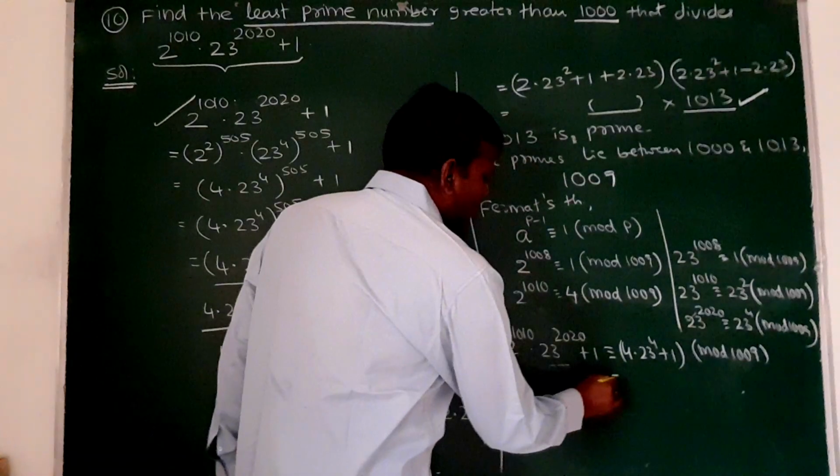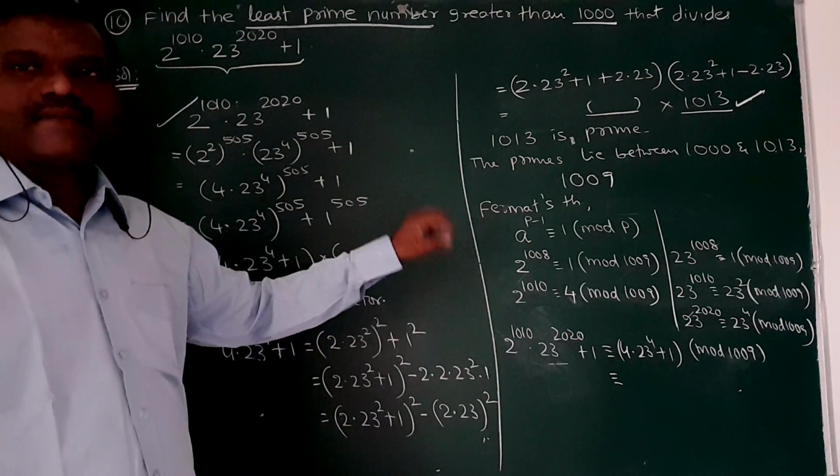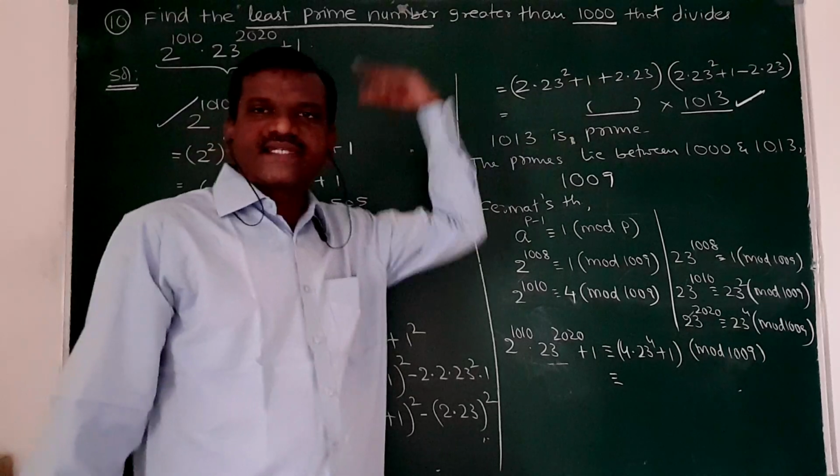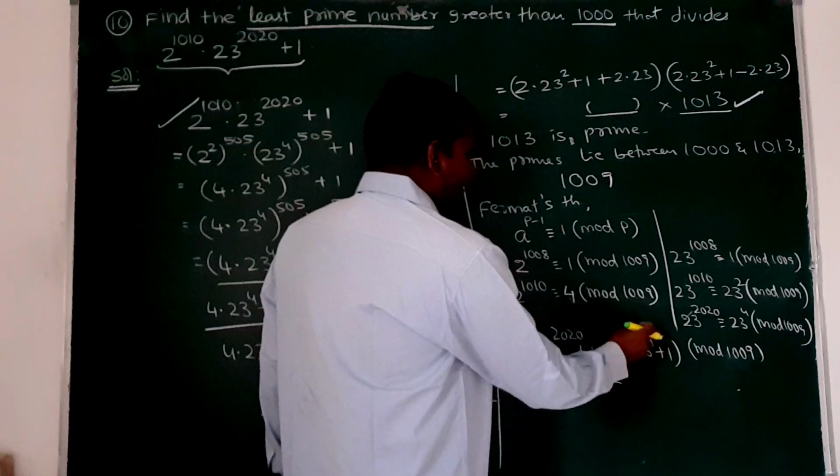So what is the remainder only I want here? If the remainder is 0, then our answer is 1009. If the remainder is not equal to 0, then our answer is 1013. That is the thing. So 4 into 23 power 4 I want here.